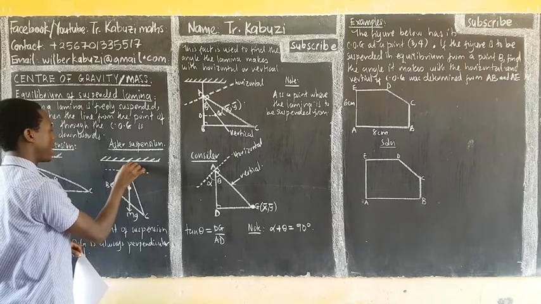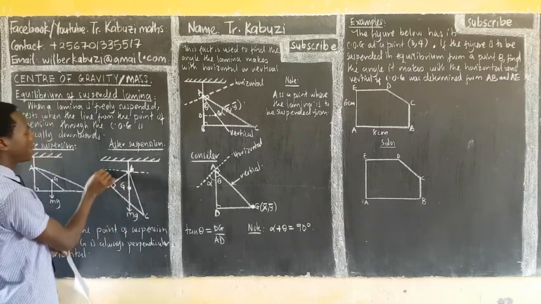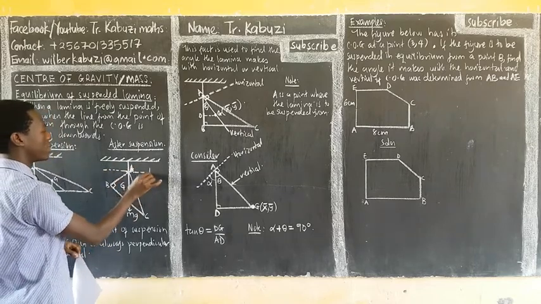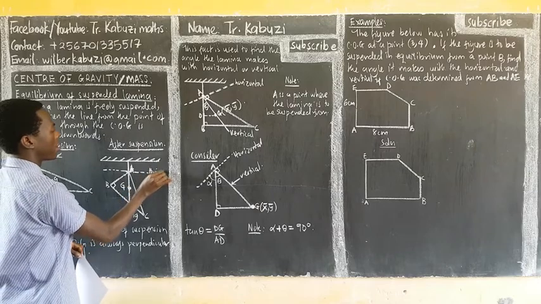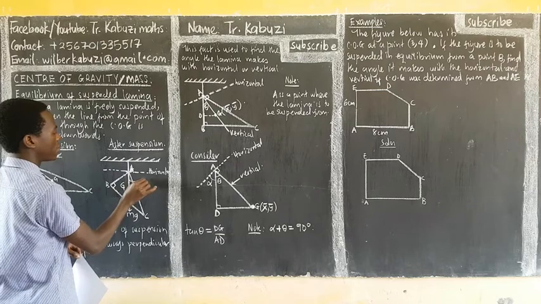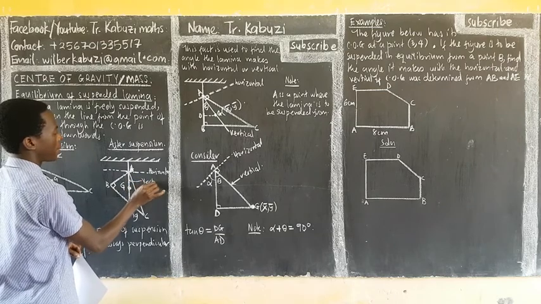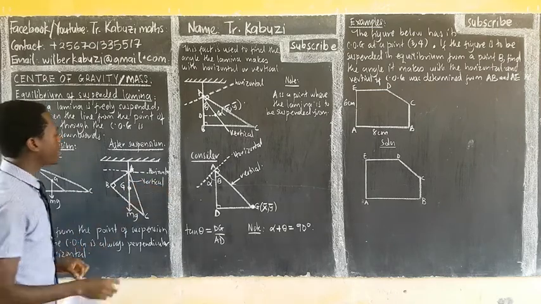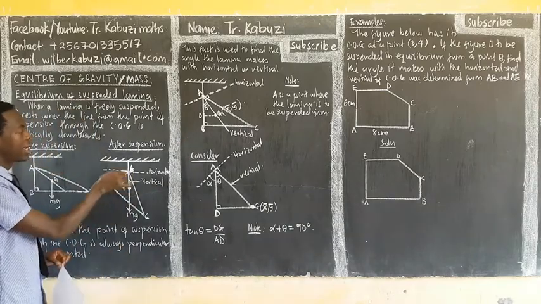This is A. As you can see, it is passing through. This is now our horizontal, and this is going to be our vertical. As you can see, they are perpendicular. I think you see they are perpendicular.